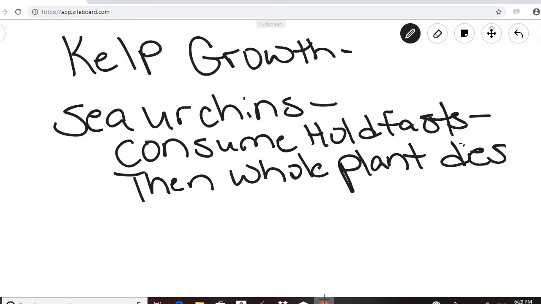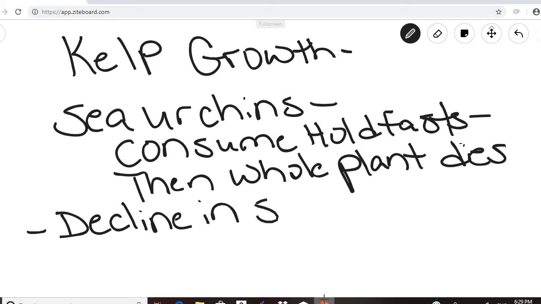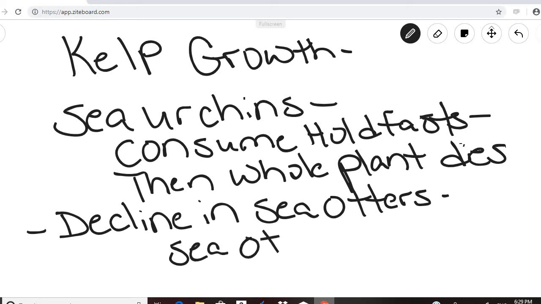What conditions lead to an overpopulation of sea urchins? There are several. One is that there has been a decline in the sea otter population. And sea otters are predators for the sea urchins.